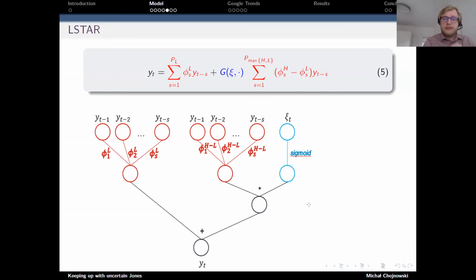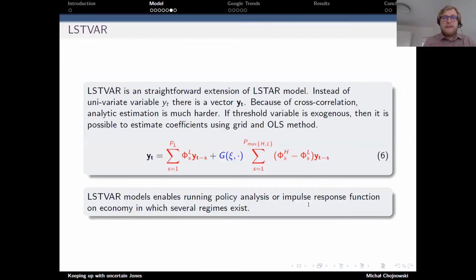So once we have it, the vector autoregressive is pretty straightforward. For the vector autoregression part, basically the model looks the same, but instead of a univariate variable y, we have a vector of the variables that we have.